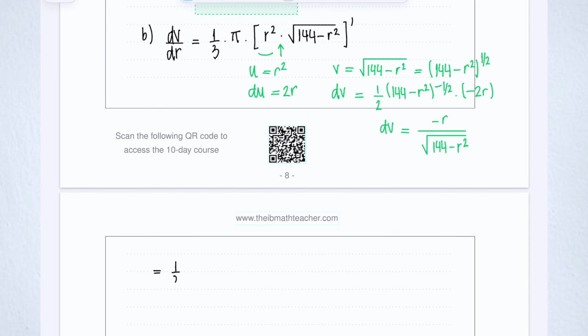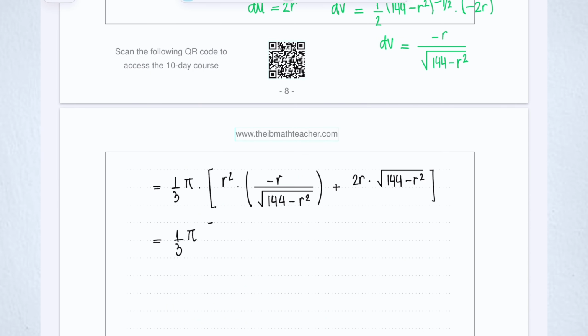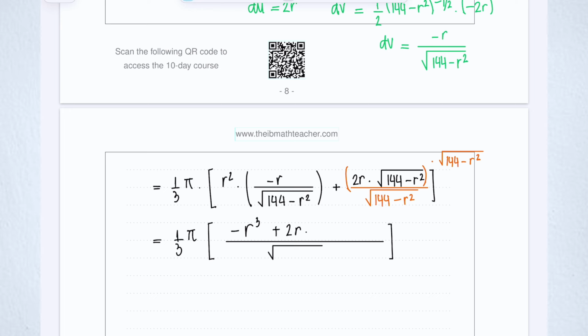So continuing, we have 1/3 times pi, u times dv plus du times v. And if we use the root as a common denominator, which means multiplying this and the numerator by the root of 144 minus r squared, we get negative r cubed plus 2r times the root of 144 minus r squared, squared, which means that the root is now gone.